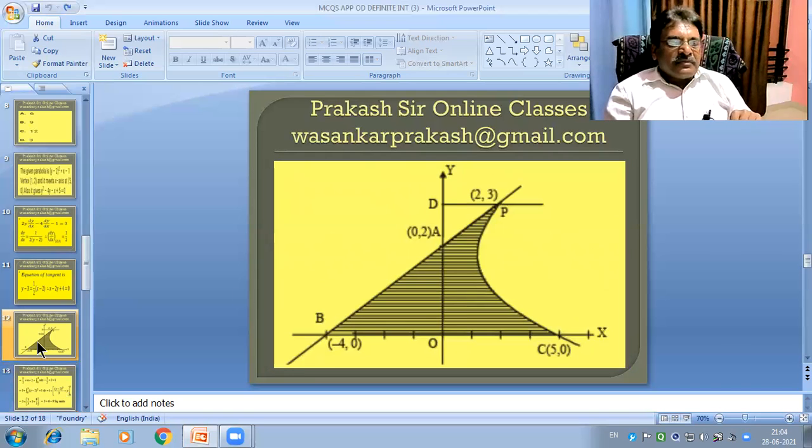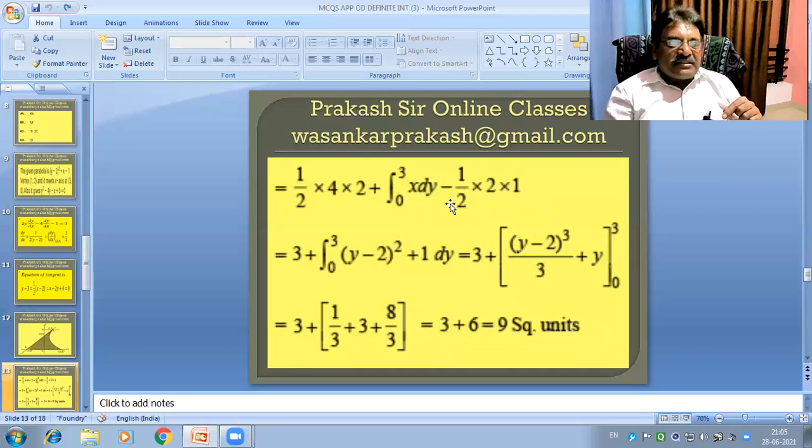The base is 2, and the height AD is up to OD, which is 3, the y coordinate, because D and P are collinear. So OD equals 3, and 3 minus 2 is 1. So right here, minus 1 by 2 into 2 into 1.